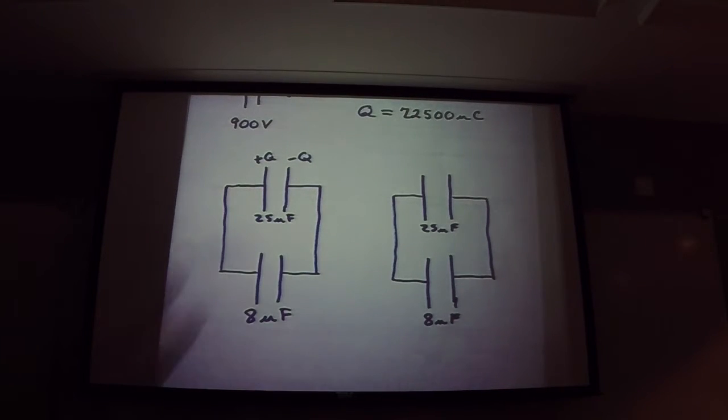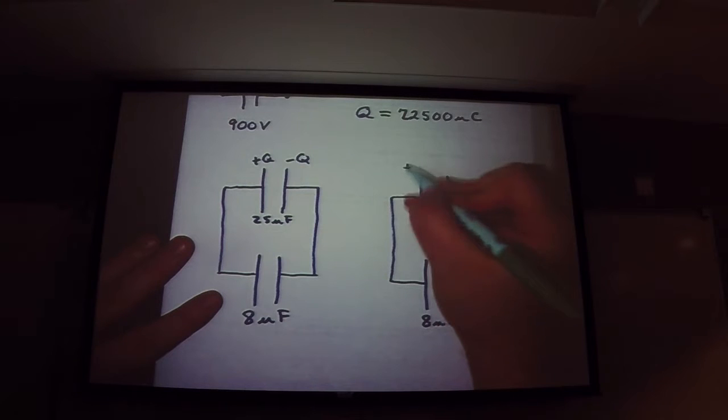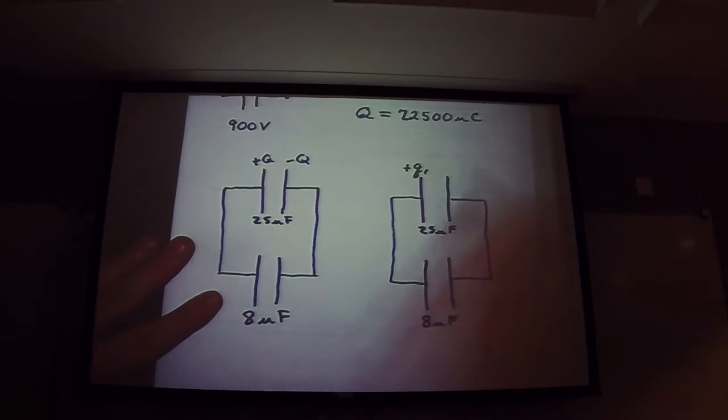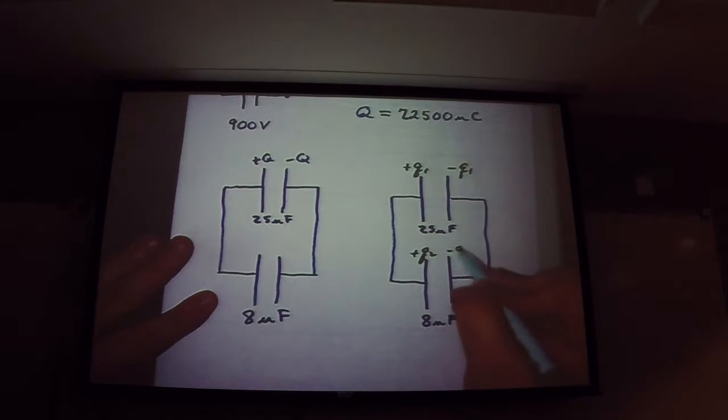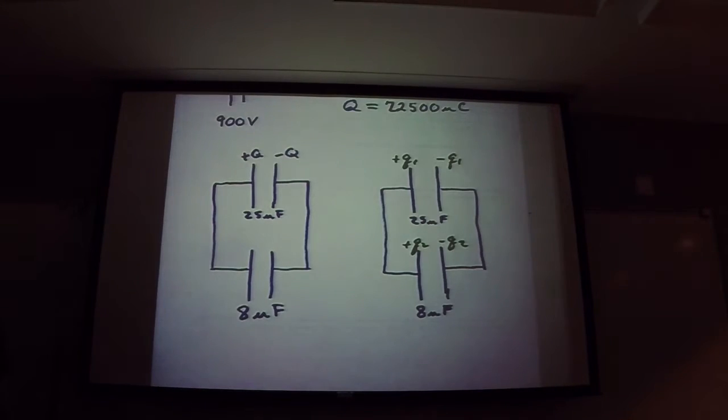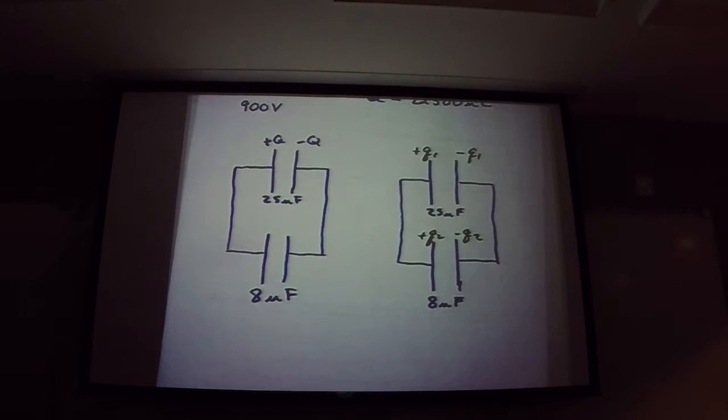And so this charge is going to redistribute. This is going to have a plus, I'll call it little q1 on it, minus q1 over here, plus q2, minus q2. I use little letter q instead of big letter Q, just so you realize it's not the same Q as before.